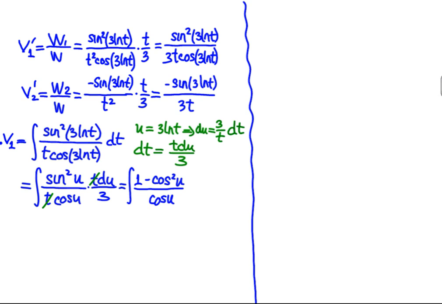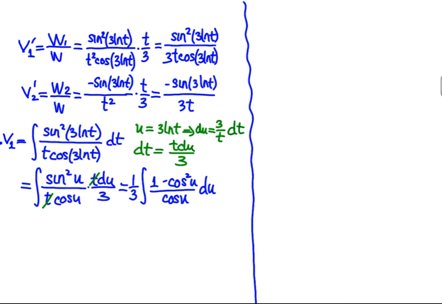So let's just move the 3 outside. We have 1 over 3 on the outside of the integral. Sine square is 1 minus cosine square. Right.